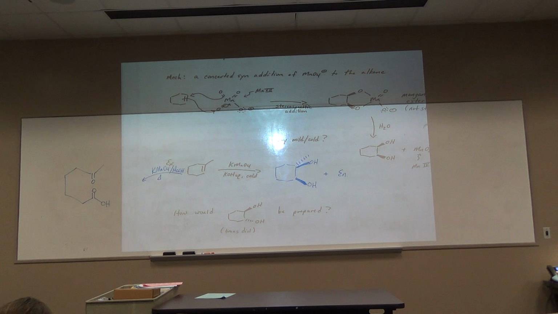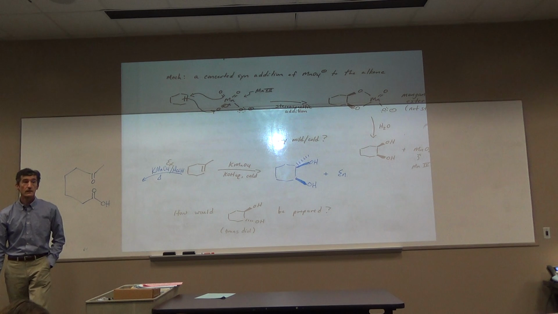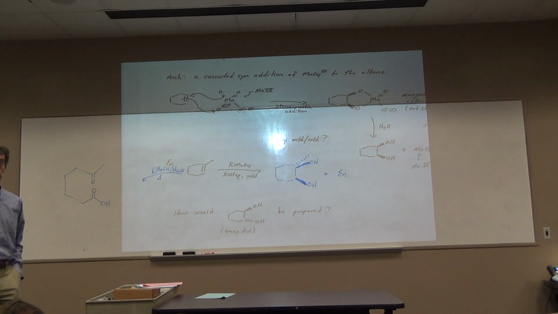Cleavage in the alkene, each becomes a carbonyl. Why is this a carboxylic acid? Because the aldehyde does not survive with KMnO4. Hot KMnO4 will oxidize the aldehyde to the carboxylic acid, yeah?